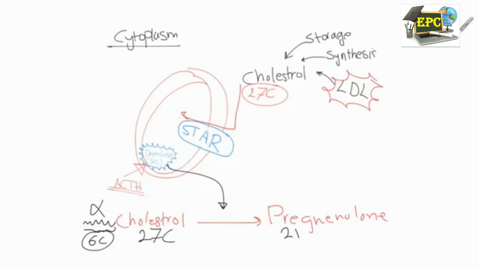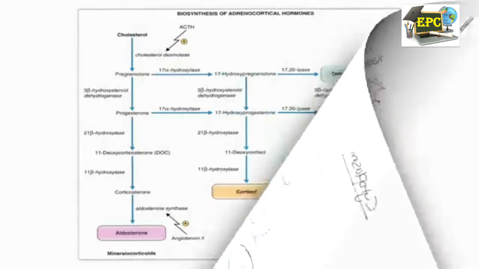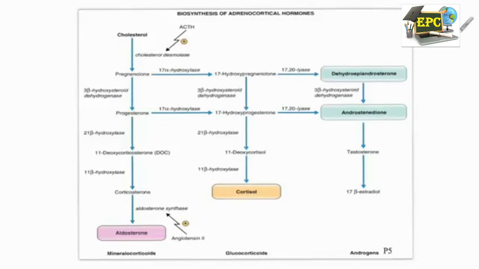And desmolase is stimulated by ACTH, and this is very important because this reaction is the rate limiting step in the synthesis of steroid hormones, which is the conversion of cholesterol into pregnenolone. So now, after knowing our rate limiting step, we can proceed with the rest of the pathway.